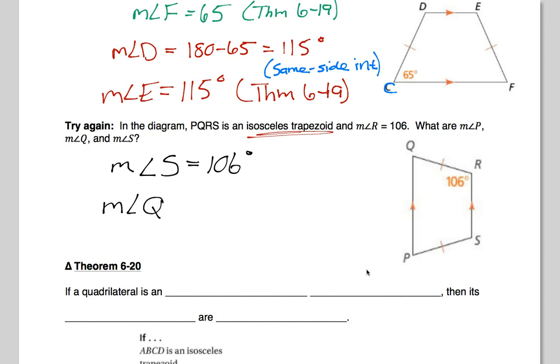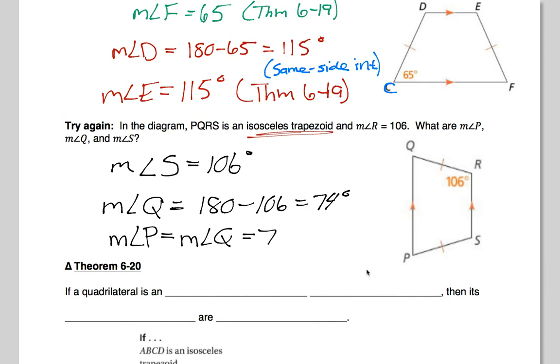The measure of angle Q is 180 minus 106, which is 74 degrees. The measure of angle P is going to be equal to the measure of angle Q, which is 74 degrees.